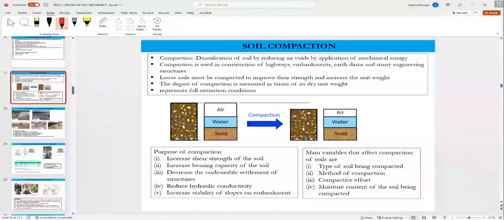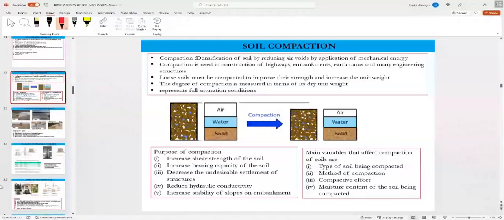Why do we compact soil? Let me ask somebody. Why do we compact soil?